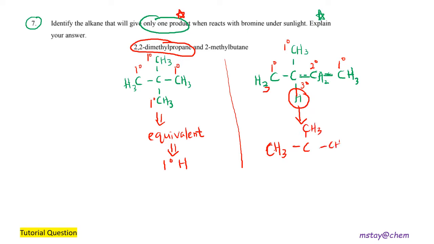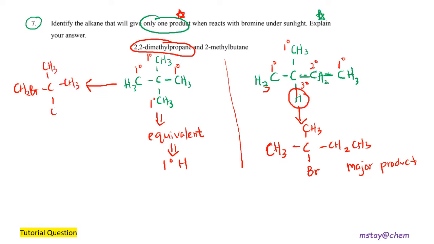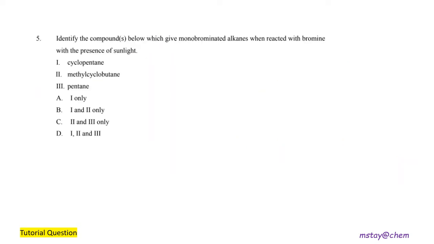CH3, CH2, CH3, and this one will be replaced with the Br. So this is the major product. For the other one, the product will become CH2Br, CH3, CH3, and CH3. Basically, which of the hydrogen is being replaced is no problem.